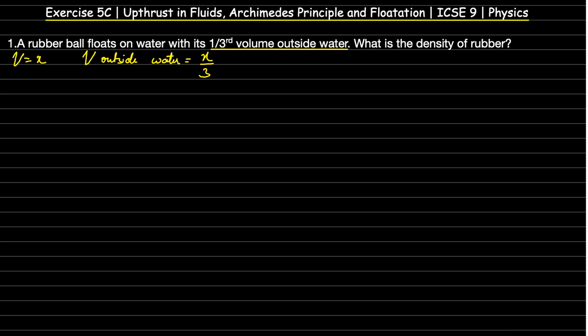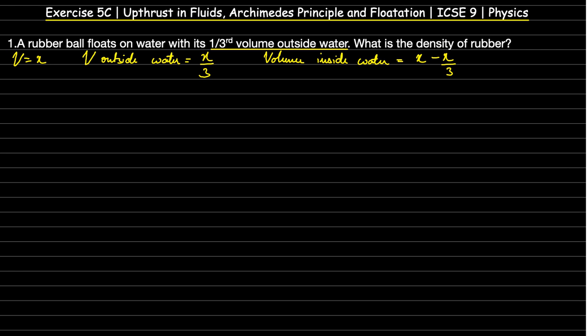Now if the volume outside water is x by 3, the volume inside water will be equal to x minus x divided by 3.